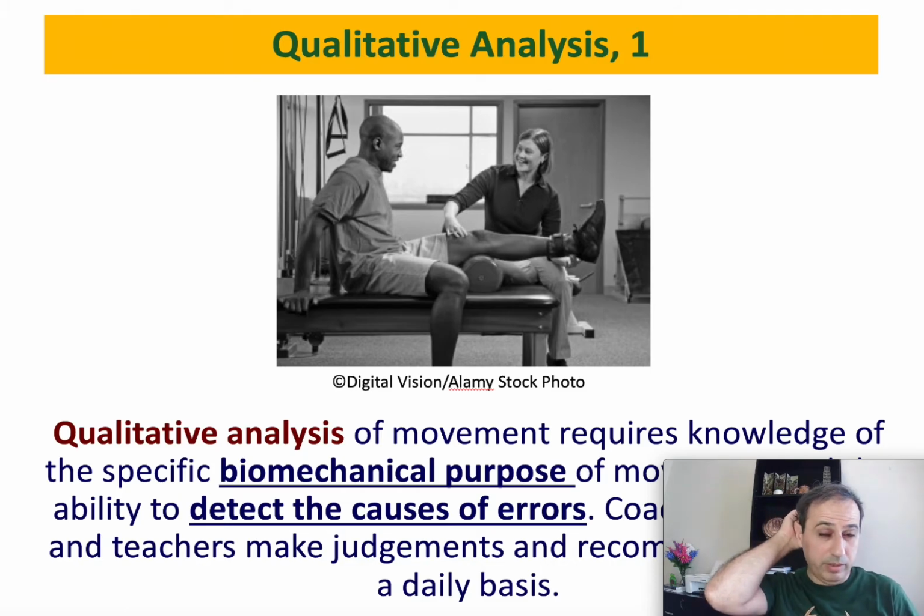Now we are talking differently from quantitative analysis as engineers. For qualitative analysis, you need to identify the purpose of the movement, and then detect causes of errors that can, let's say, cause injury. That's very important for us.